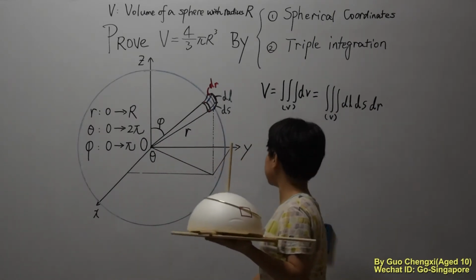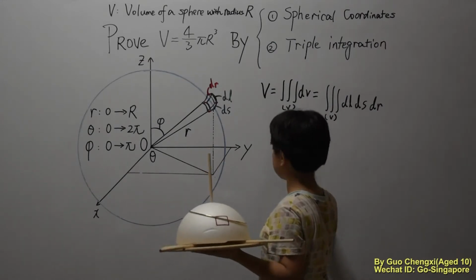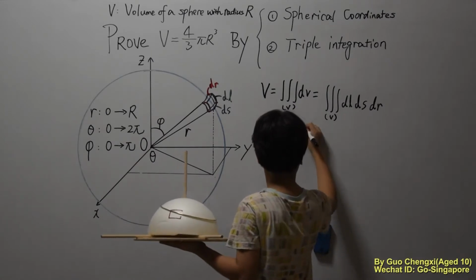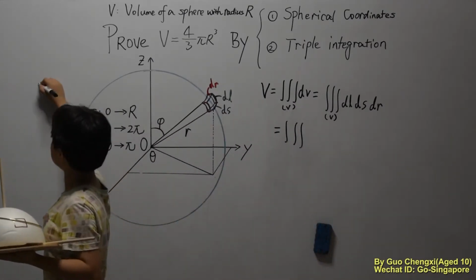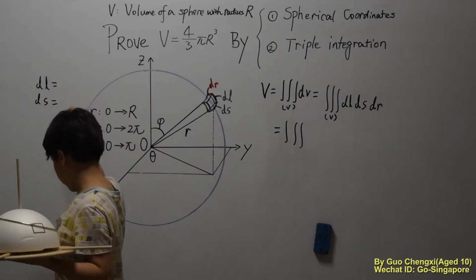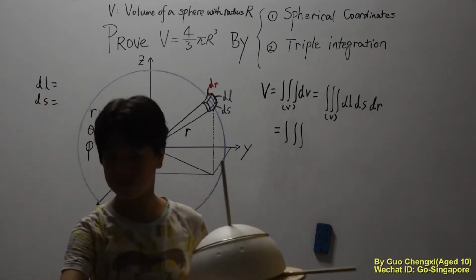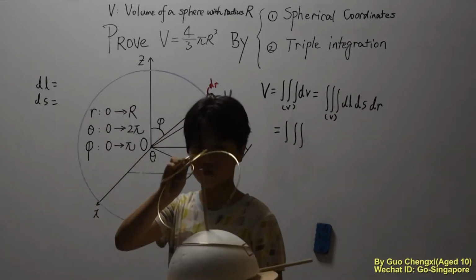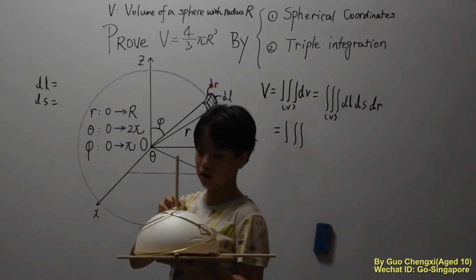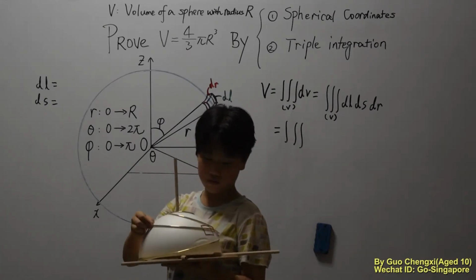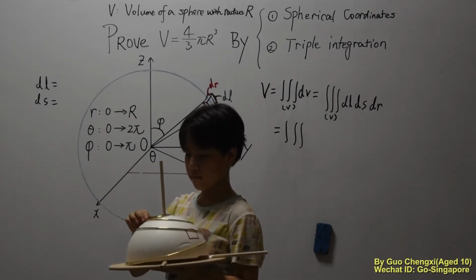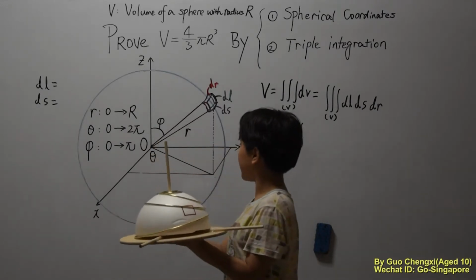Alright, so when you need to find this part, dr, you can just put dr, right? Then what about dl and ds? dl, what will it be? And what is ds? So this is what it will be like.